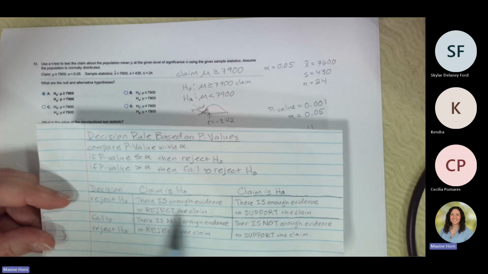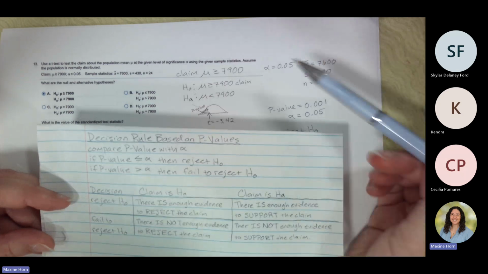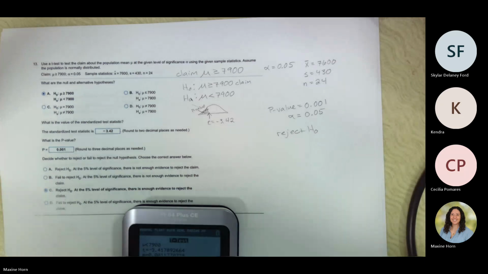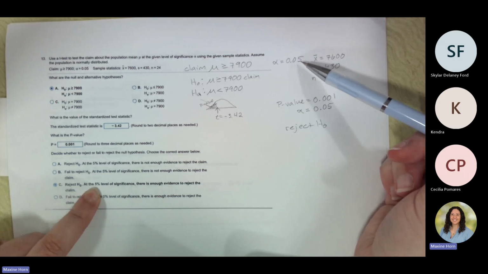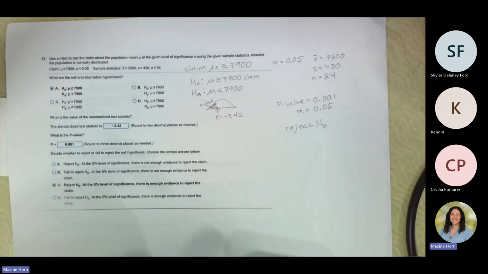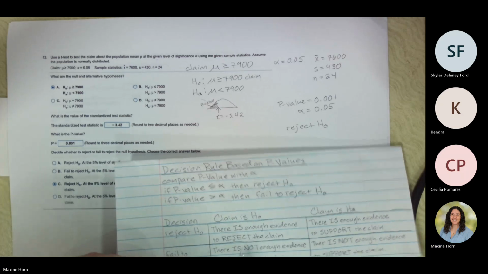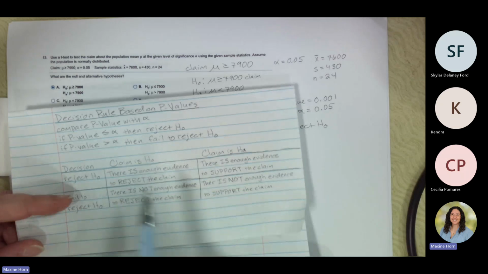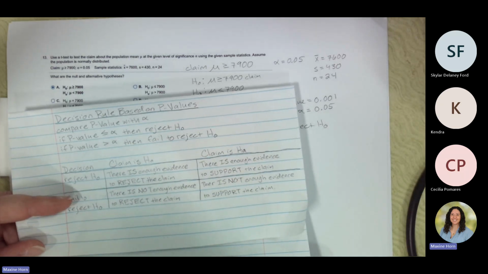So that means there is enough evidence to reject the claim at this level of significance. Okay. So it says here, reject the null hypothesis, and at this level of significance, at 5%, there is enough evidence to reject the claim. Right? We're either saying that there is or there is not, and we're either saying that we reject the claim or we support the claim. So I've got those words in bold.